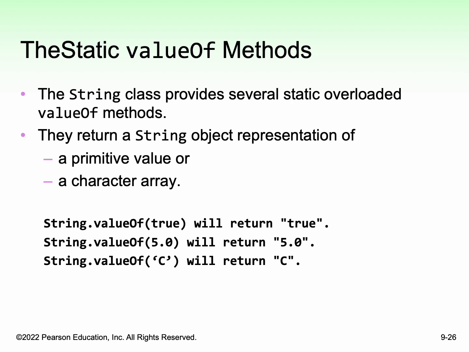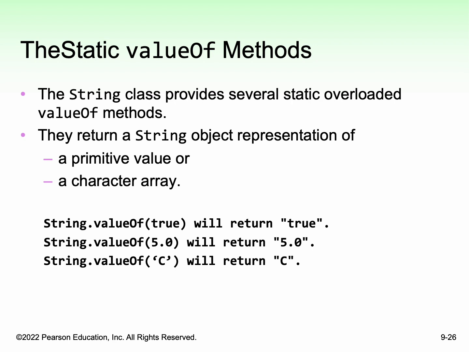Another thing that the String class provides to you is the static overloaded valueOf methods. What that does is take any primitive data value or any character array, and return it to you as a string object.